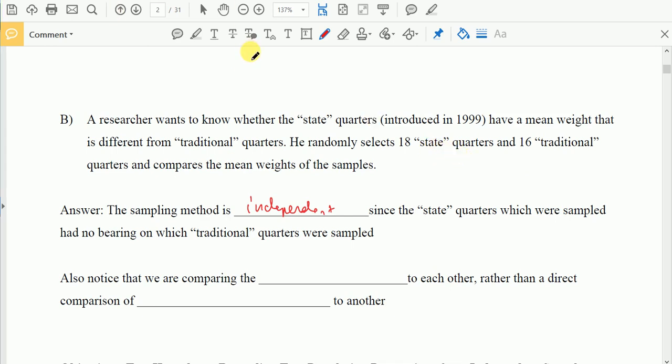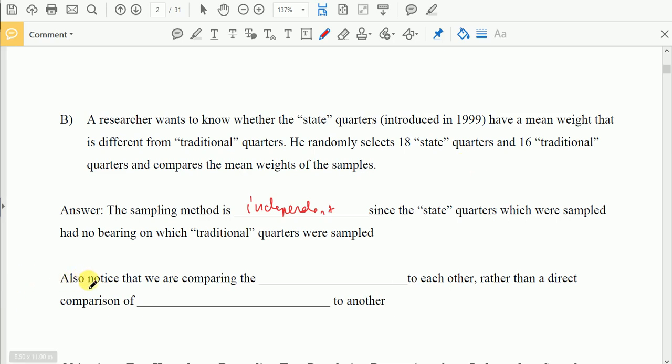In the last case for the hotels, because we choose 8 different towns, for the first town we make sure that we have 2 different hotels, so one has to depend on the other. But in this case, I just randomly select 18 state quarters from any places, and then for the other sample I choose another 16. They have no dependence on each other, right?